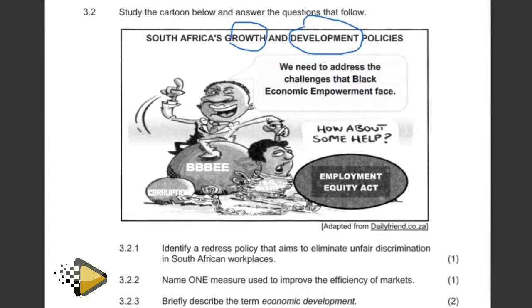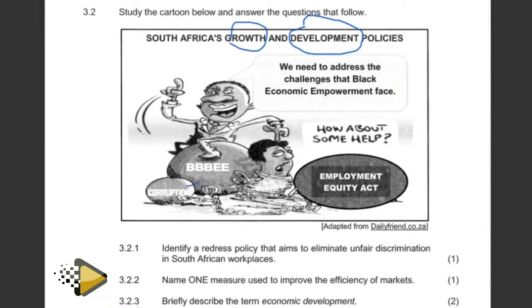So now, if we check the given cartoon, we have different messages given there, and we also have a symbol of a human being there. The messages given: we need to address the challenges that Black economic empowerment faces, and then we also have broad-based Black economic empowerment. So we also have corruption there.